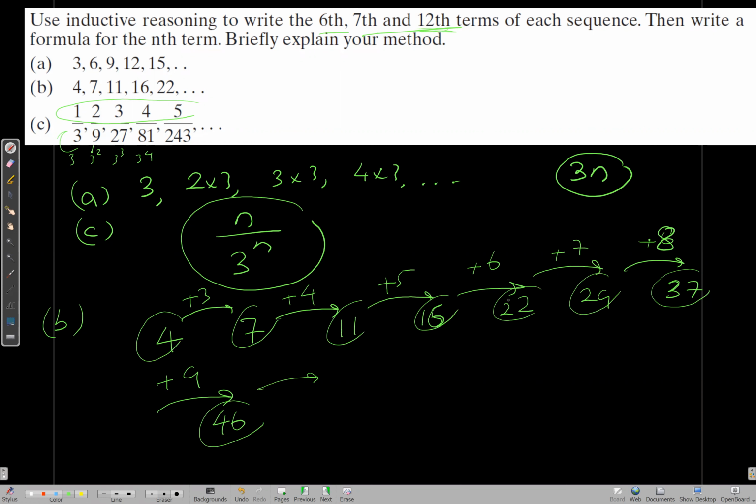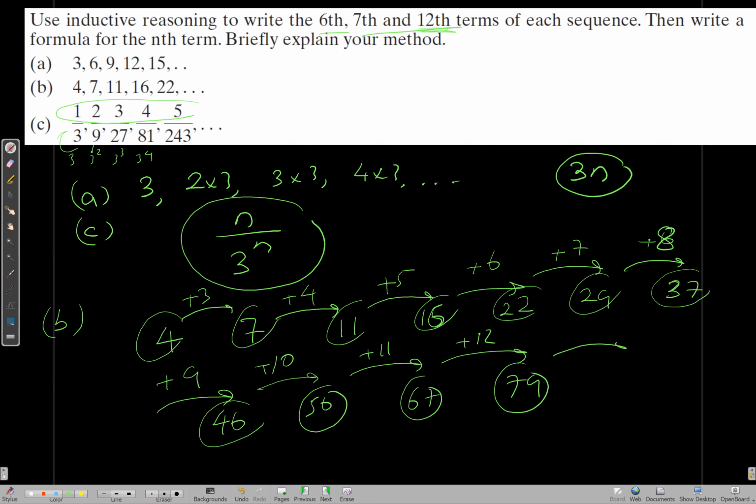So the ninth term is going to be 56, and then the 10th term is going to be plus 11, so the 11th term is going to be 79, and the 12th term is going to be 92.